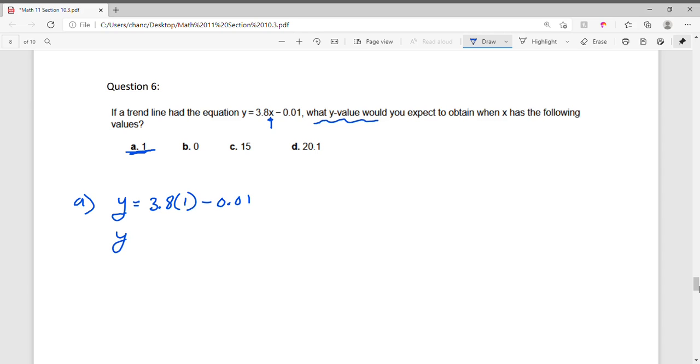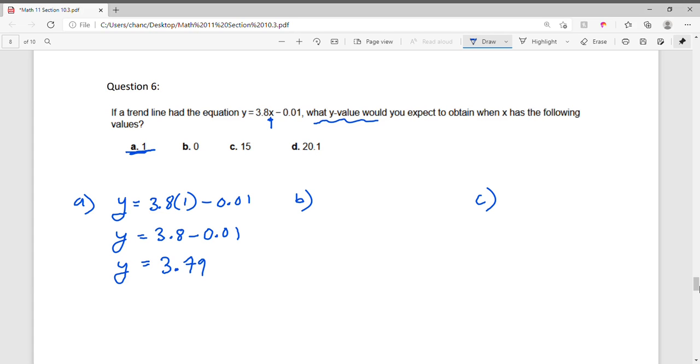So let's simplify this. 3.8 times 1, that's just 3.8 minus 0.01. We can simplify this with a calculator, and y is equal to 3.79. Please pause the video and try part B, C, and D on your own.